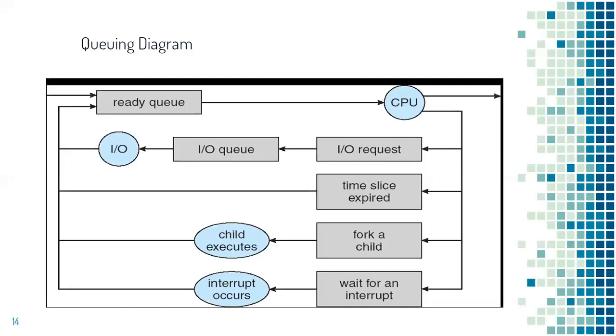When the process has to do huge file transfer, the process keeps waiting for the file transfer to complete. Once the file transfer is over, the secondary memory will interrupt the process. The process which was waiting for this interrupt, as soon as the interrupt occurs, it indicates that the file transfer is over and it changes its state to ready state and goes back to the ready queue. So later it might get a chance to execute on the CPU.